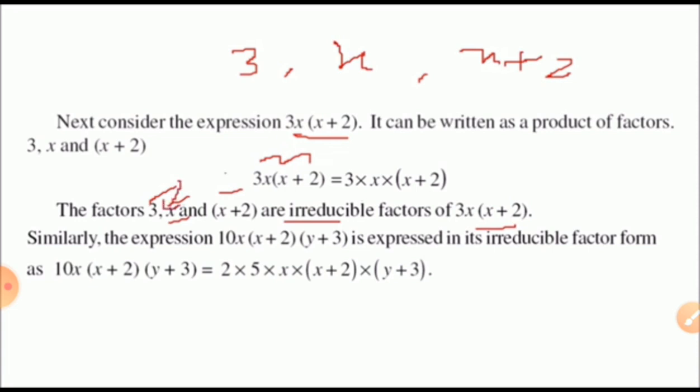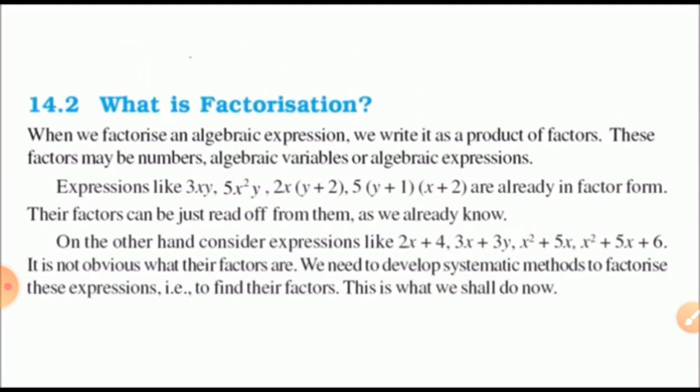Similarly, the expression 10x into x plus 2 multiplied by y plus 3 is expressed this way: 2 into 5 into x, and then x plus 2 multiplied by y plus 3. Because the bracket you have to write as a factor. What is factorization?